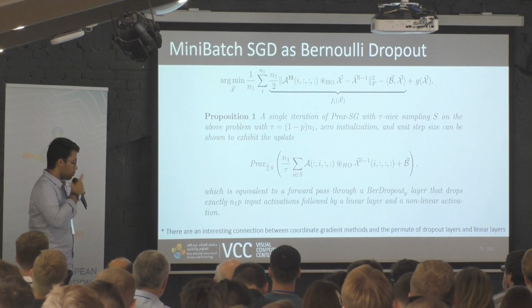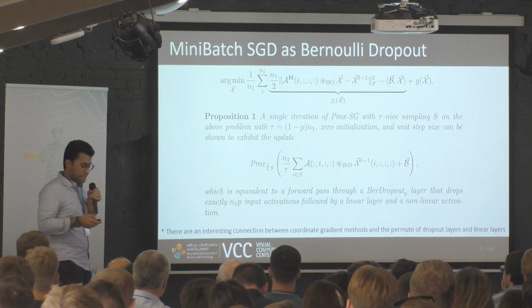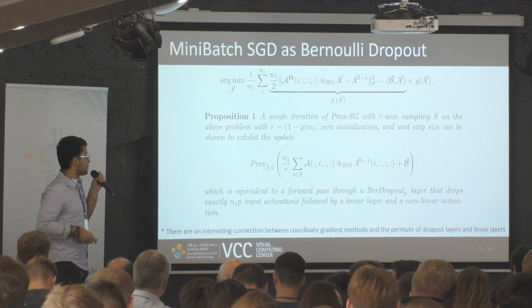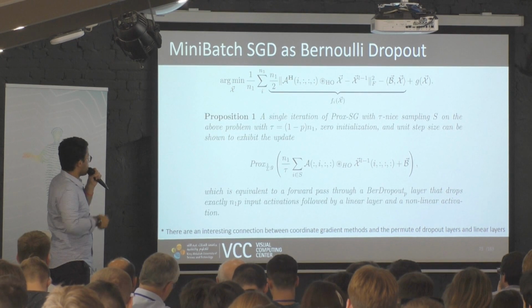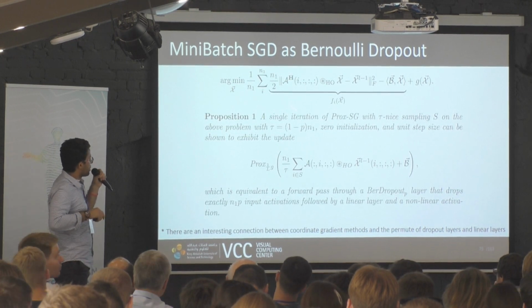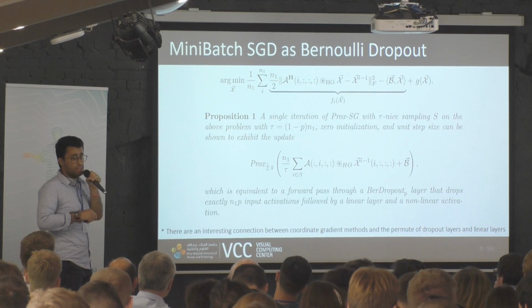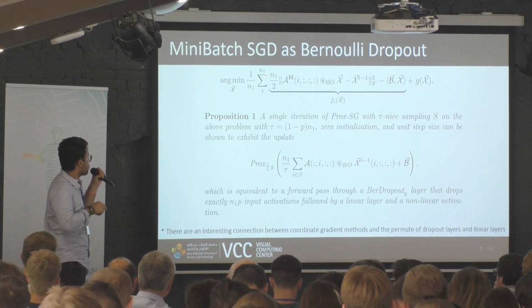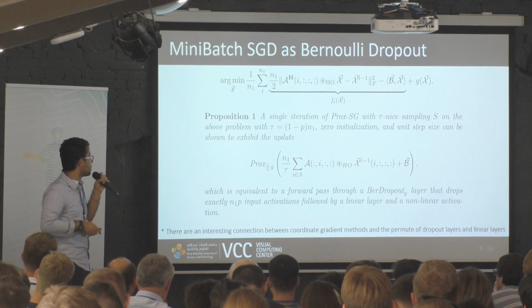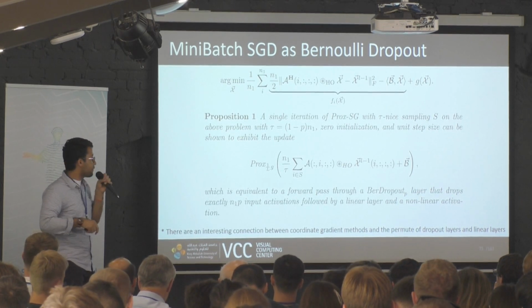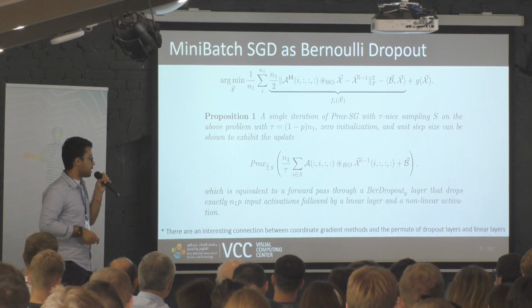Okay, so where does dropout play a role in all of this? Well, it turns out, since this is the objective that the neural network is trying to approximate the optimal solution of, if you run, instead of a proximal gradient method on top of this, a stochastic proximal gradient method in which you sample this N1 function in mini-batch fashion, where the size of the mini-batch is highly related to your dropout, you recover again this feed-forward layer in neural networks.